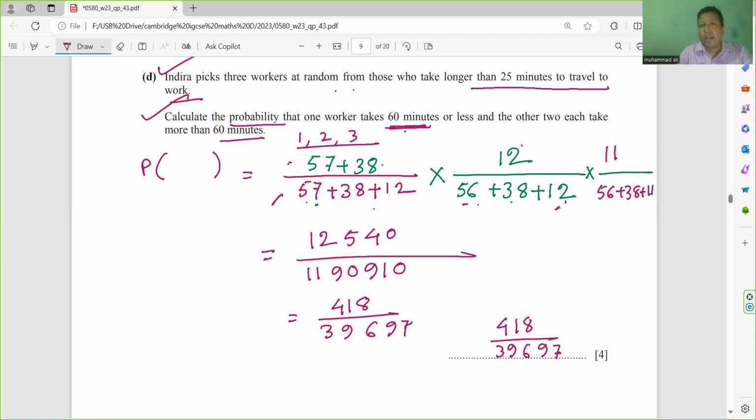So the others take more than 60 minutes. So 12 take more than 60 minutes. The third one, another one goes. So from 12 less 1, 56 plus 38 plus 11. And from here, one left, it is 11. In this way, you get the probability. I think everybody understands this maths.